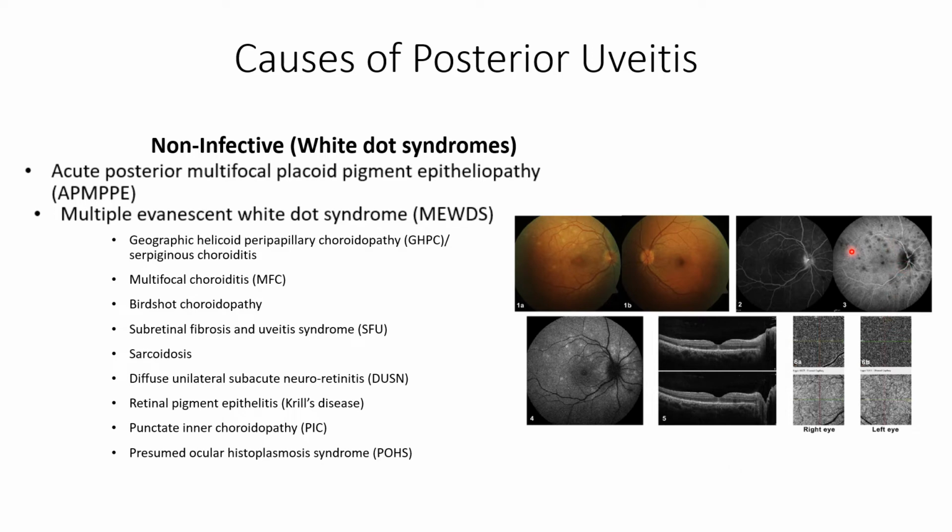On angiography, we can see that these spots appear as dark spots or hypofluorescent because of the blocked fluorescence by the inflamed retinal pigment epithelium and choroid.